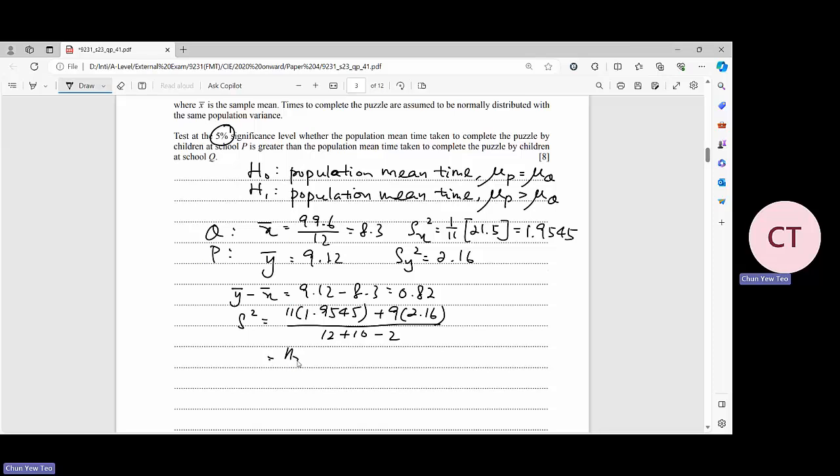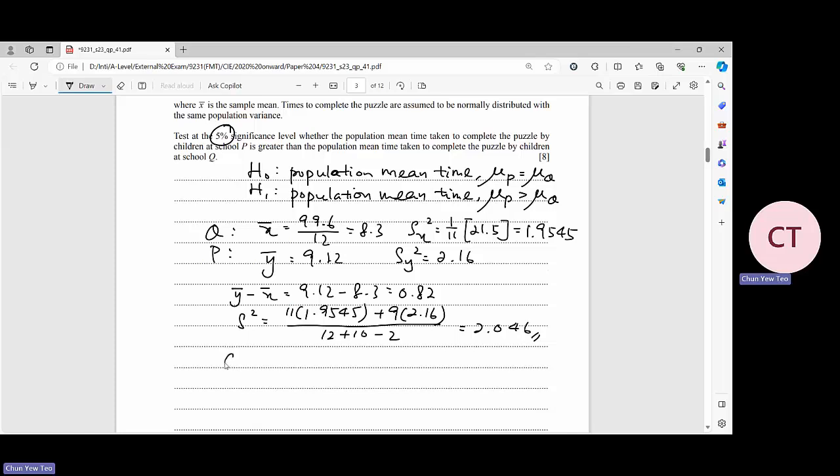I'm applying the formula (nx minus 1) sx squared plus (ny minus 1) sy squared, divided by nx plus ny minus 2. I just straight away write down the values. Press the calculator and you get the answer as 2.046.